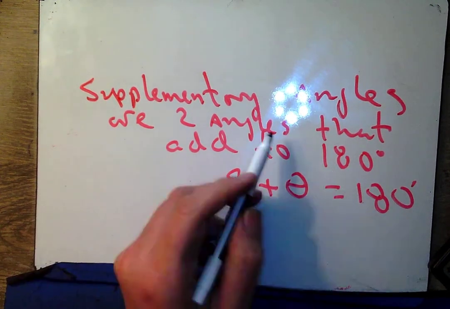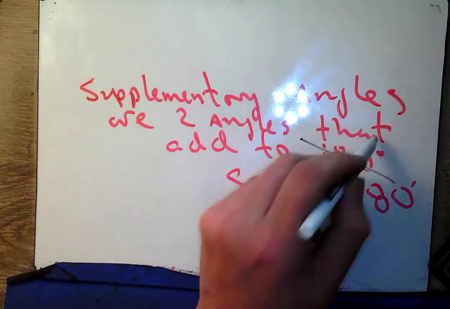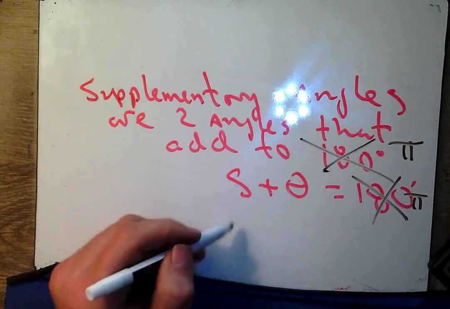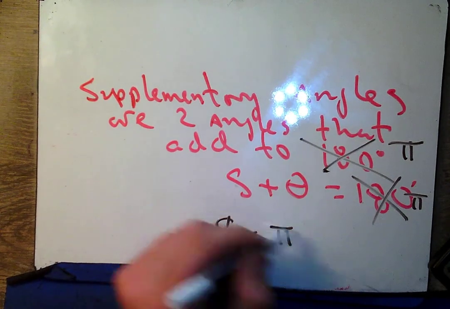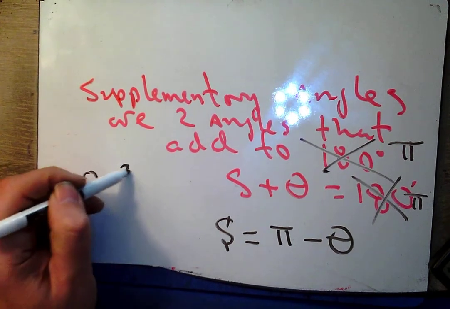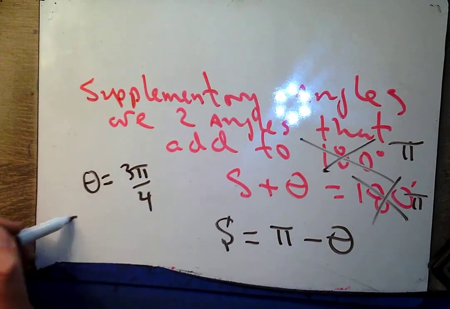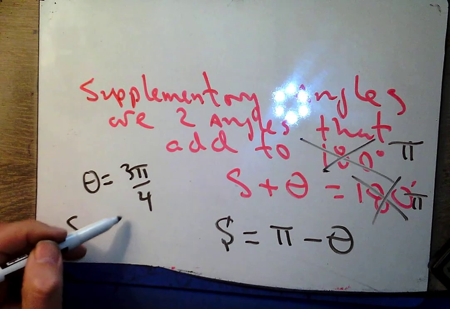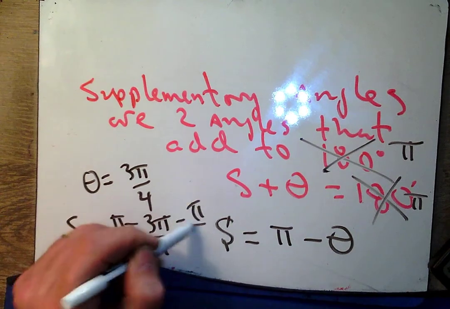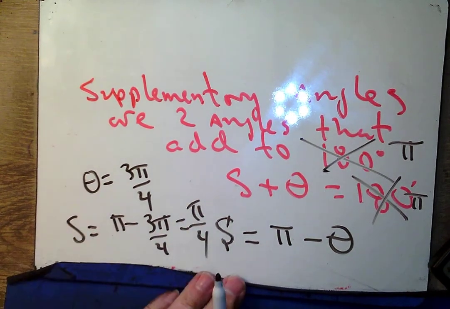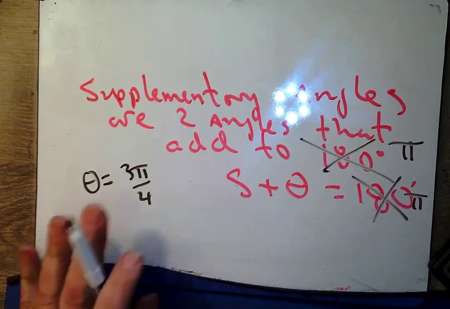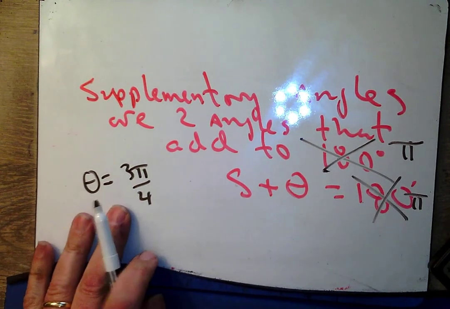And so instead of thinking about 2 angles that add up to 180, I'm thinking about 2 angles that add up to pi. And so my supplement is going to be pi minus theta. If they tell me that theta is 3 pi over 4, and they want to know what the supplement is, well, that's just going to be pi minus theta, or pi over 4. Hey, what if they want to know the complement of 3 pi over 4?